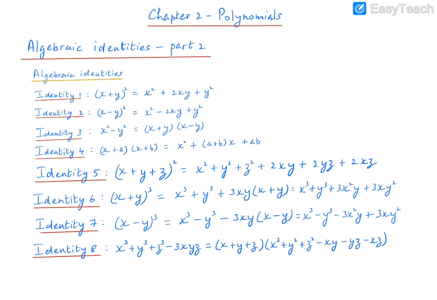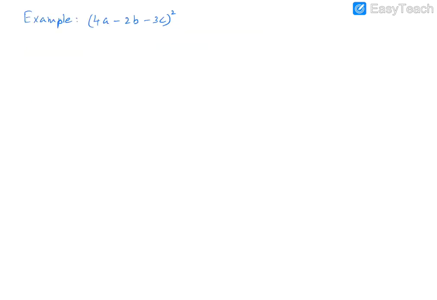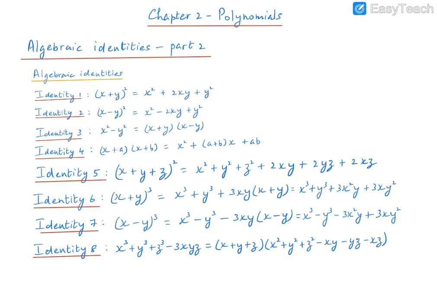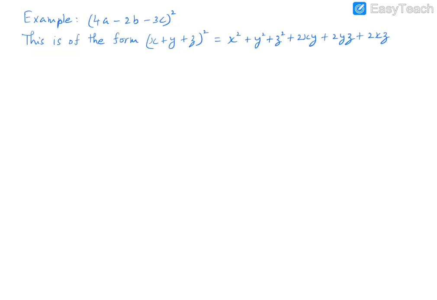So let's do an example first of all. We have here an example of 4a minus 2b minus 3c the whole square. So obviously this takes the form of x plus y plus z the whole square. So clearly this is of the form x plus y plus z the whole square, which is our identity.